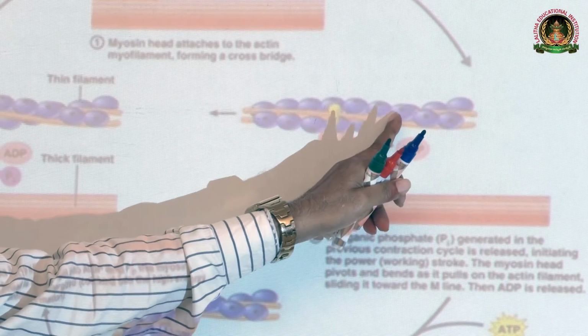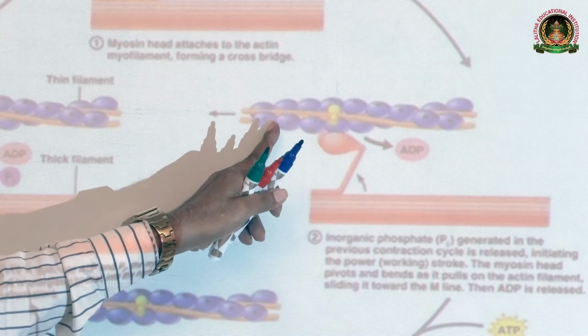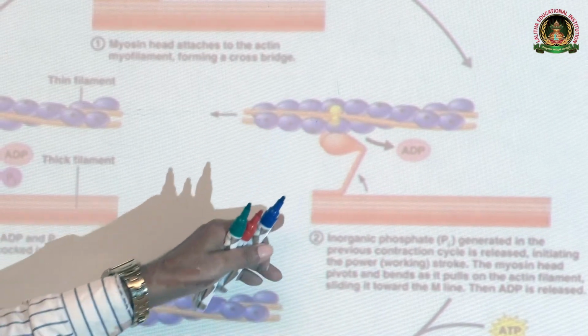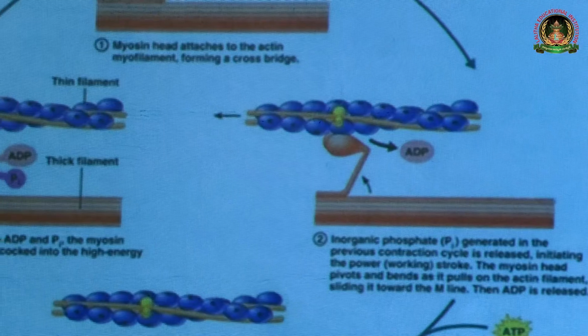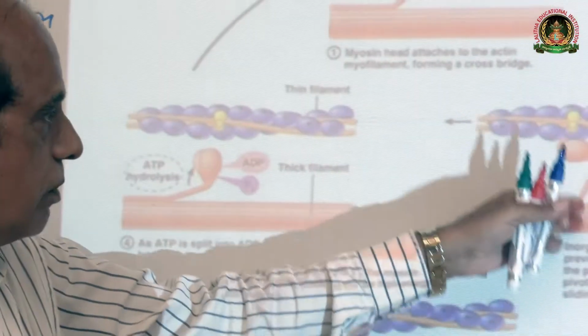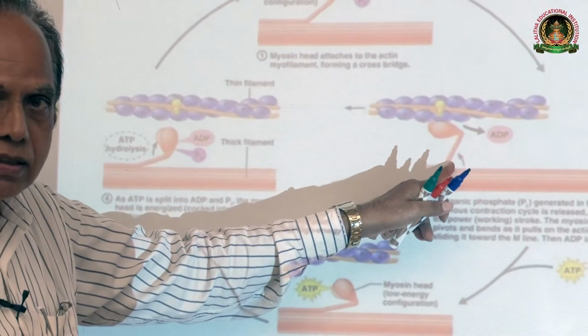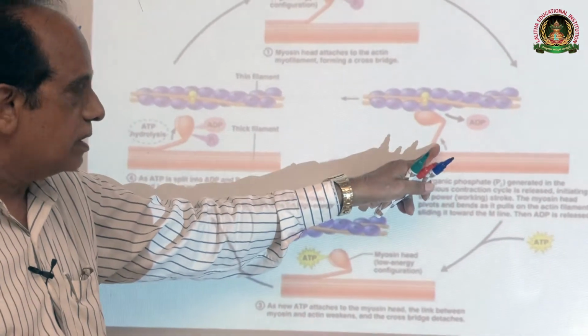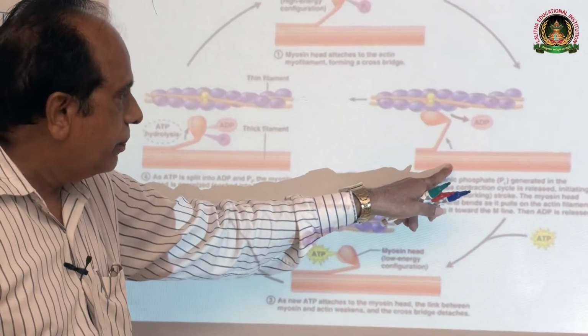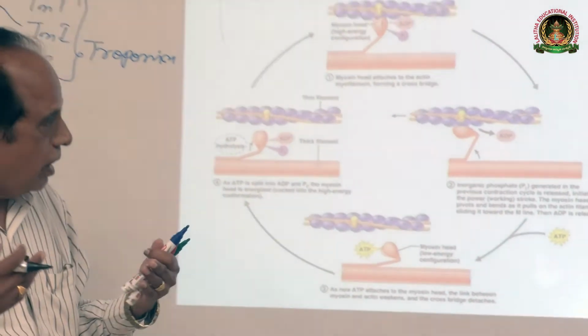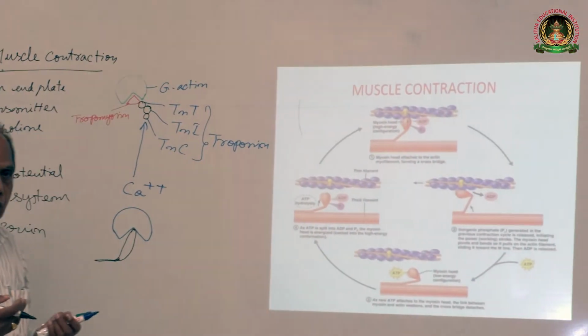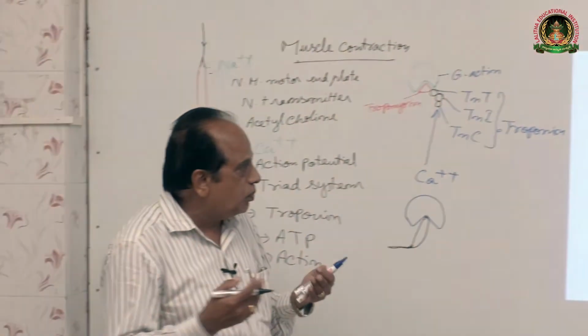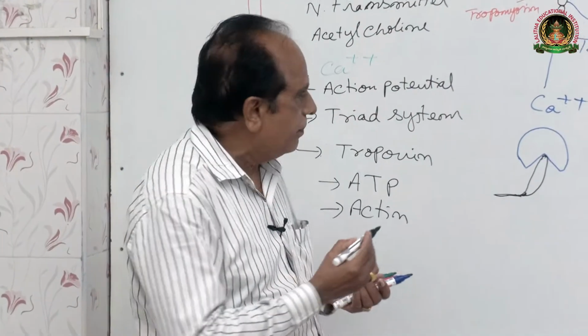As a result, the actin molecules slide inwards because a large number of cross bridges, formed by the head and the neck or short arm, are present around the myosin. So, the two actin filaments present on either side will be pulled inwards or slide inwards.